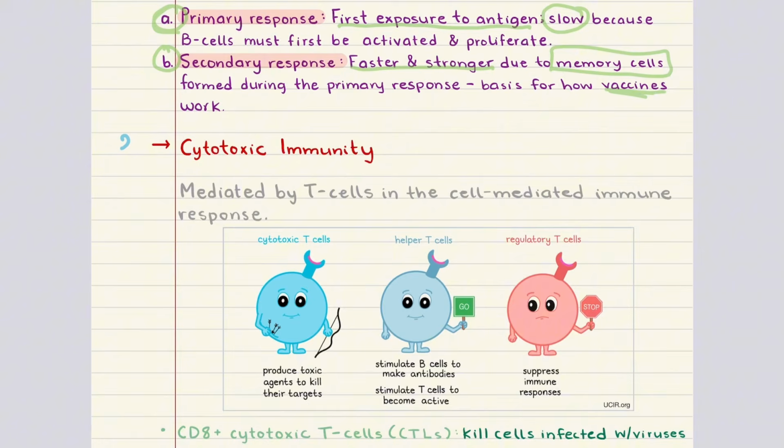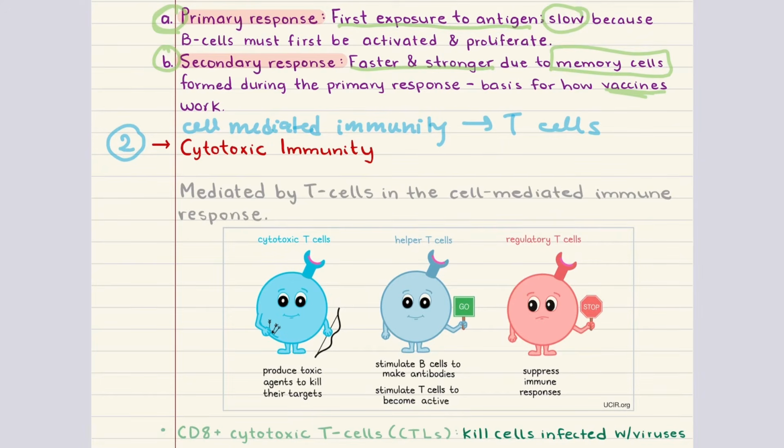Now, let's turn to the other branch of the adaptive immune system, which is cell-mediated immunity. This branch is driven by T cells, which mature in the thymus. T cells play critical roles in directly killing infected cells, in coordinating immune responses, and in maintaining immune balance.